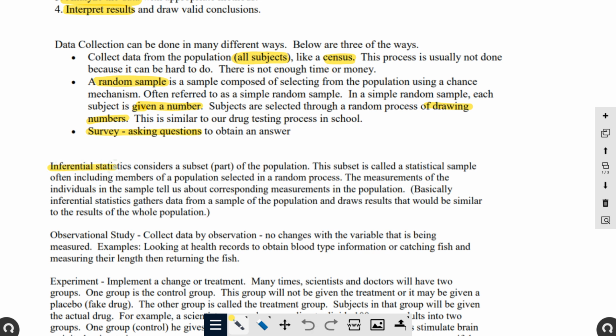Now, inferential statistics. Inferential statistics is if we gather information from a sample and apply that to the whole population. So we draw results and we apply it to the whole population. So let's say that I asked you guys in this room what your favorite sport was, and the result we got out was basketball.